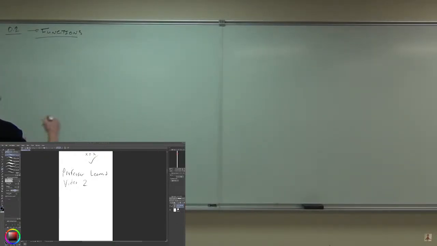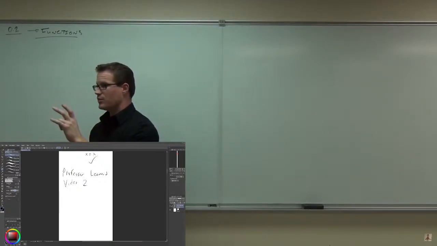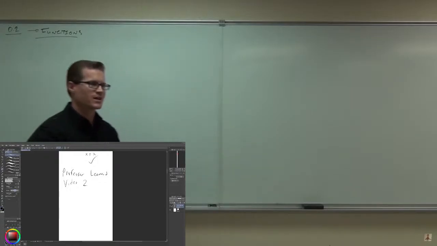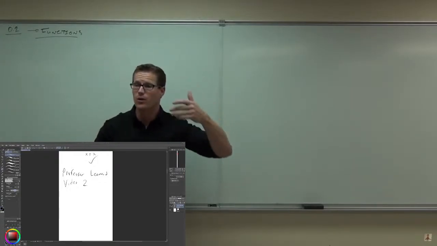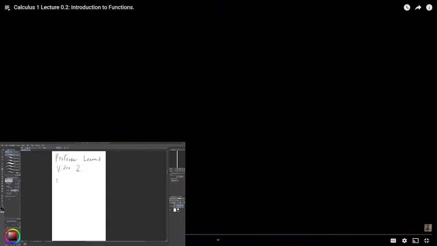The only thing that you really need to have for a function is that every input has one output, not two outputs. Otherwise, you don't have a function because you plug in a number and you wouldn't know where to go. So when we say a function, we mean some expression where each input determines exactly one unique output.